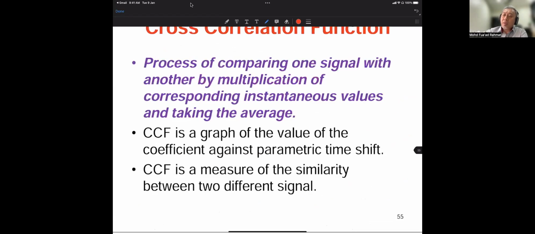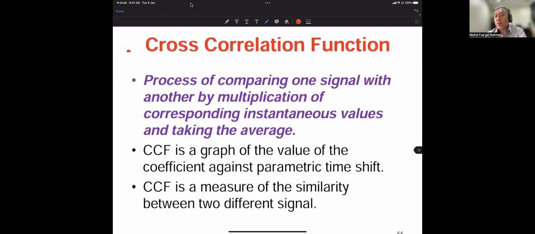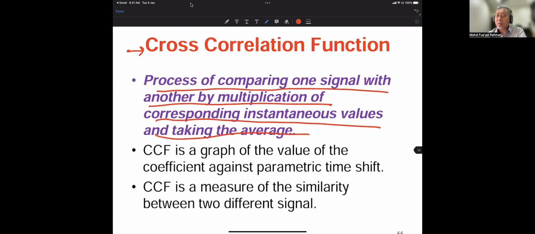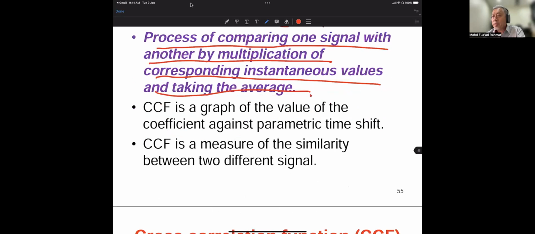So if you understand ACF, the cross correlation function is not a big deal, because CCF is just comparing one signal with another by multiplication of the corresponding instantaneous values and taking the average, because they are two different signals. You have ω, which is the first signal, then D will be a second signal, not the same as ω.